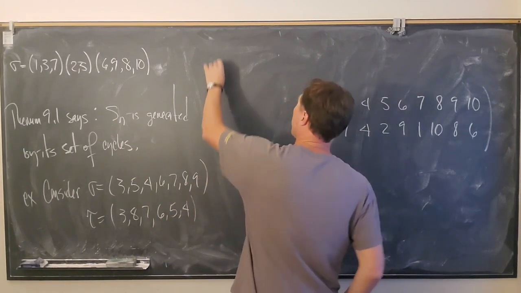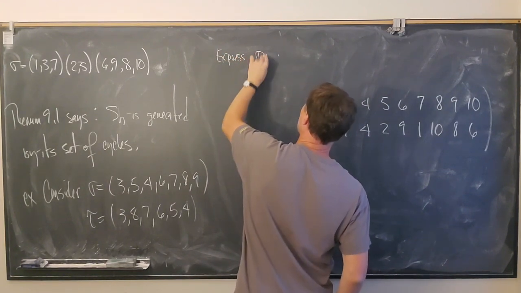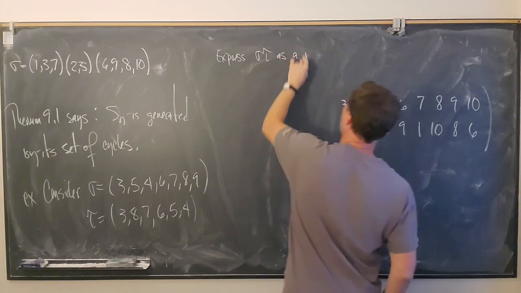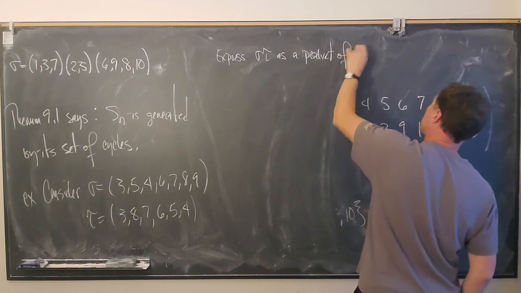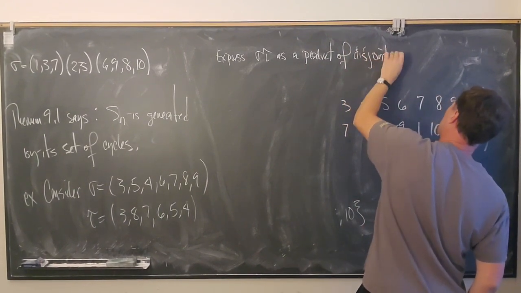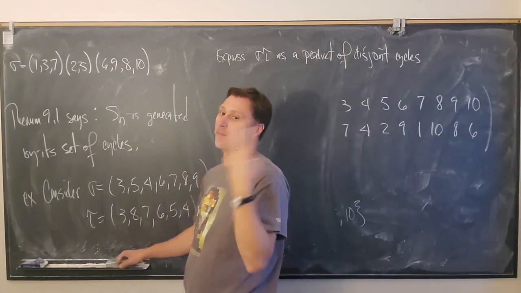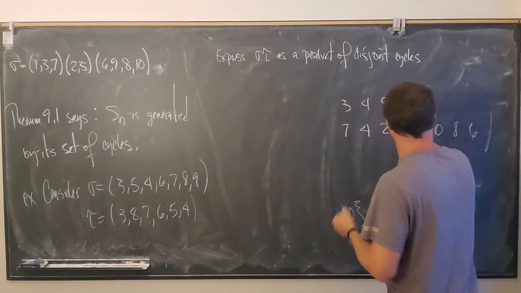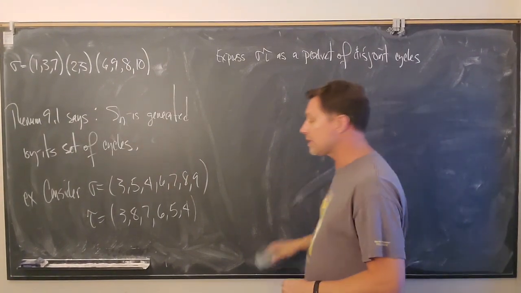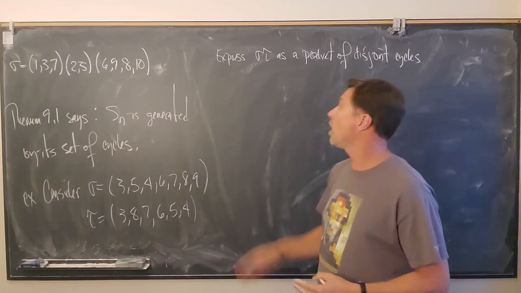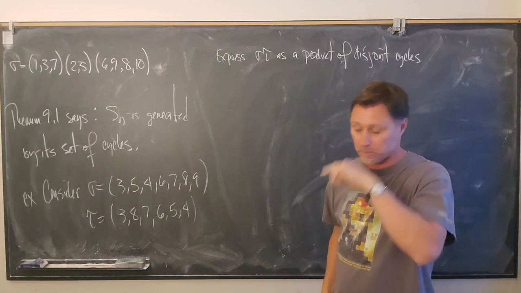What I'd like to do now is express sigma tau as a product of disjoint cycles, right? Sigma tau is an element of S sub 9, let's say, which means, according to theorem 9.1, that there exists some collection of disjoint cycles for which sigma tau is equal to the product of those disjoint cycles.